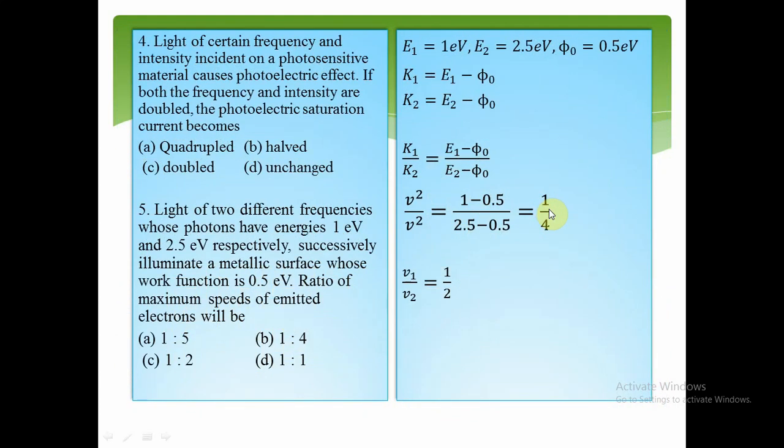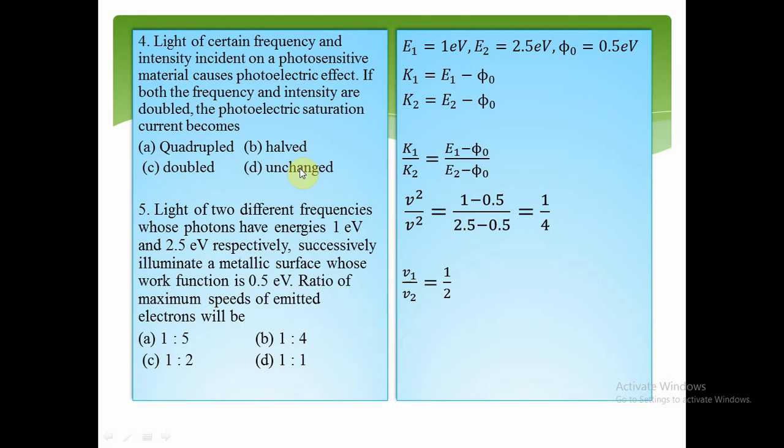Next question. Light of a certain frequency and intensity incident on a photosensitive material causes the photoelectric effect. If both frequency and intensity are doubled, the photoelectric saturation current becomes quadrupled, halved, doubled, or unchanged. We only have to observe here that the photoelectric current is directly proportional to the intensity of the incident radiation.